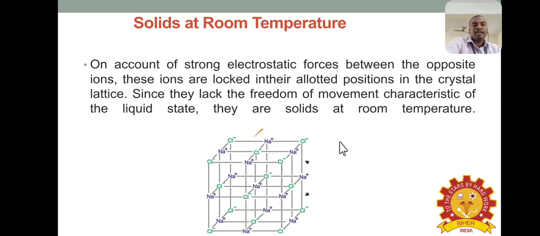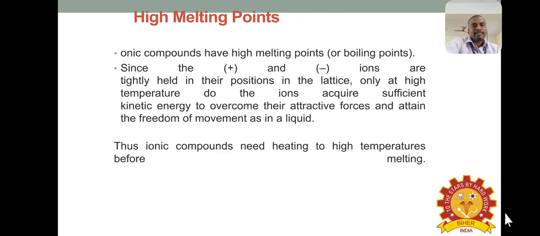Most of the inorganic compounds are solid because they form this type of crystal lattices. Ionic compounds have high melting and boiling points because the interaction between positive and negative ions, anions and cations, are tightly held in their positions in the lattice. They are immobilized in the crystal lattice.